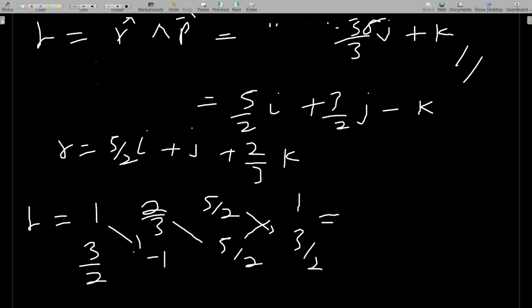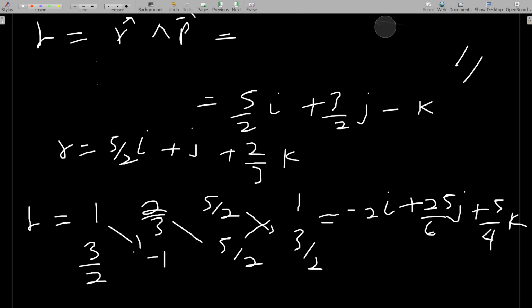I think the correct answer is minus 2i plus 25 over 6j plus 5 over 4k rather. And this one, the solution I wrote was actually for the torque.